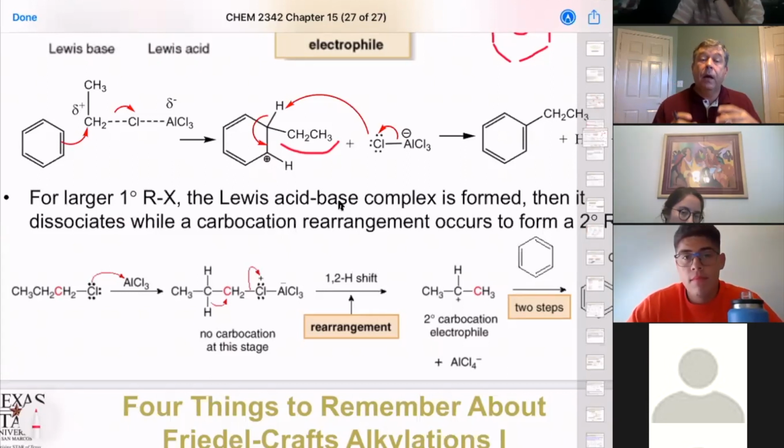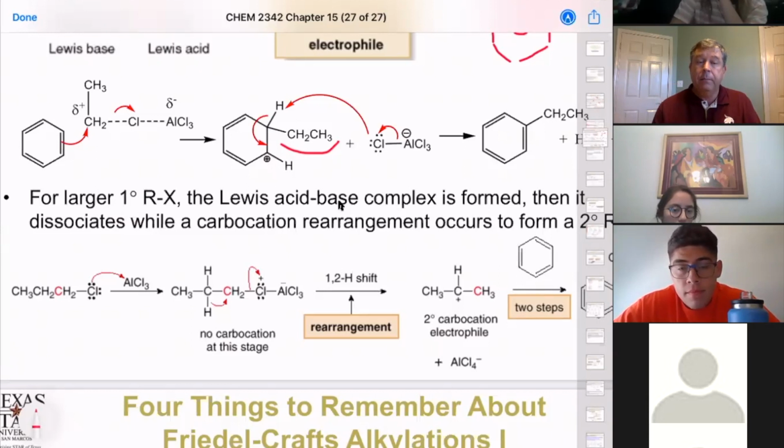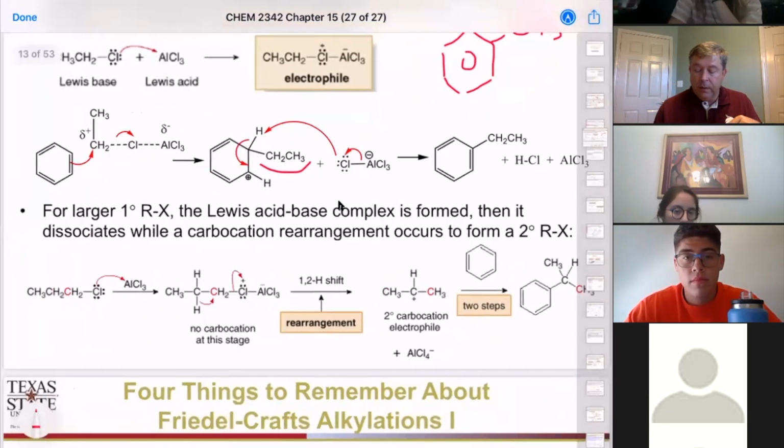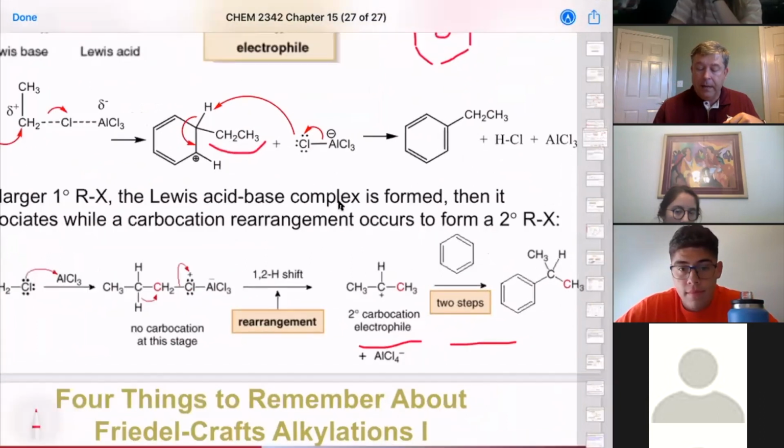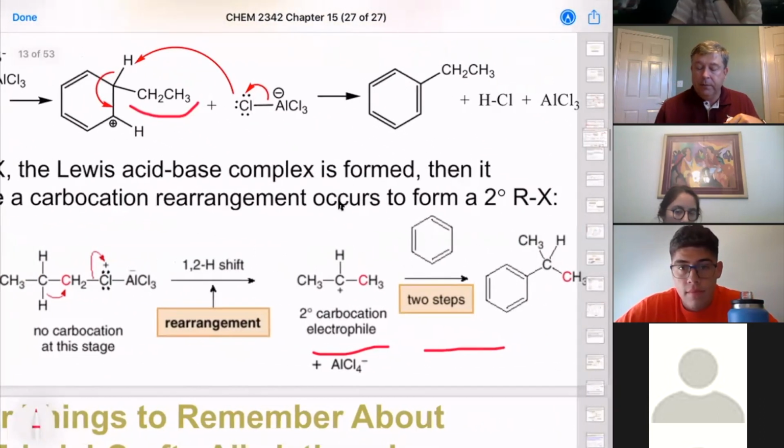To make the propyl, you cannot make the propyl using a primary alkyl halide because it's going to rearrange and give you the isopropyl carbocation here, and that isopropyl carbocation is going to give you the isopropyl group on the benzene ring. Not your straight chain propyl, but the secondary carbocation version, which is the isopropyl derivative.